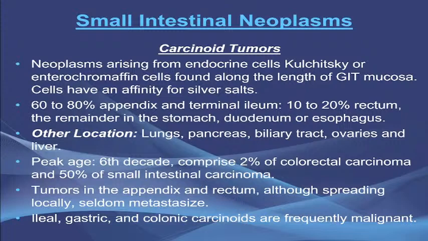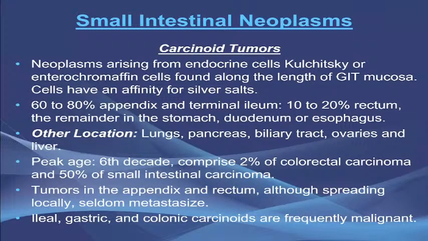The peak age is the 6th decade, so people in their 50s. They comprise 2% of colorectal carcinoma and 50% of small intestinal carcinoma. Tumors in the appendix and rectum generally spread locally and rarely metastasize.